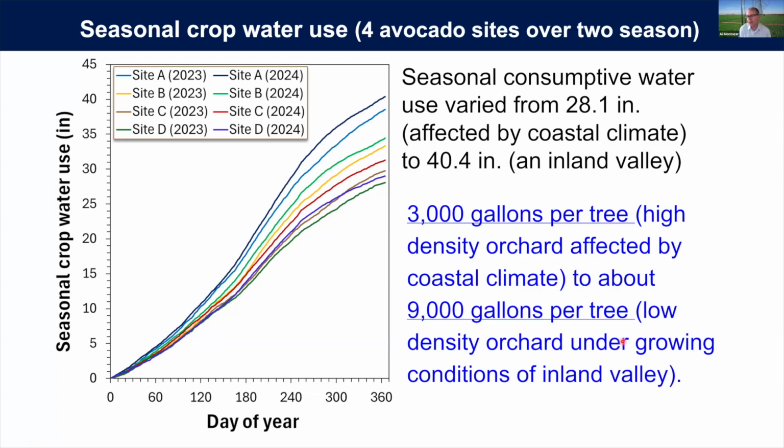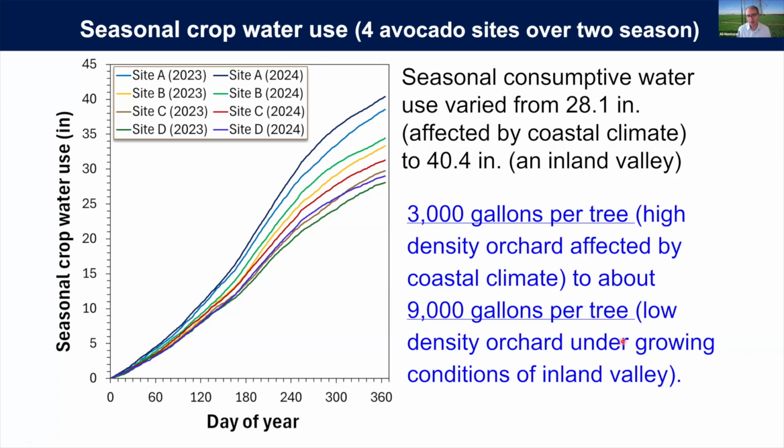When we include the impact of spacing to estimate the gallon per tree water use, we see a significant difference. Data shows for these 4 sites, the crop water needs may change from 3,000 gallon per tree at the site affected by coastal climate to about 9,000 gallon per tree with a low density orchard in Escondido and inland valley. So very significant difference.